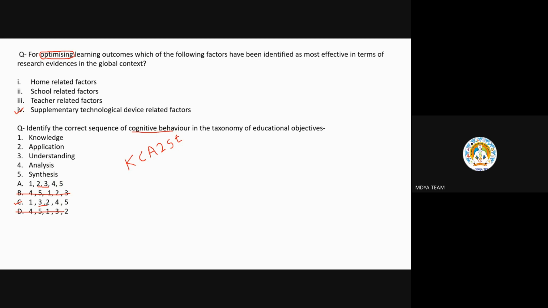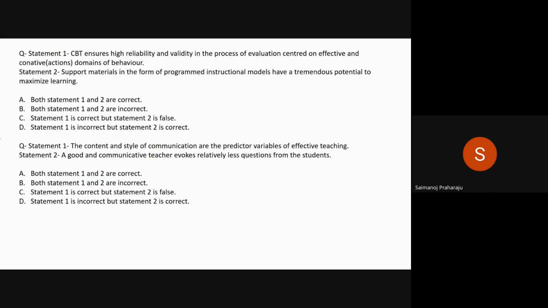Clear? This type of question you can see from the Bloom's taxonomy or Gagne's hierarchy. Clear? Now the next question, statement 1, CBT. CBT means computer-based testing. CBT ensures high reliability and validity in the process of evaluation, centered on effective and cognitive domains of behavior.